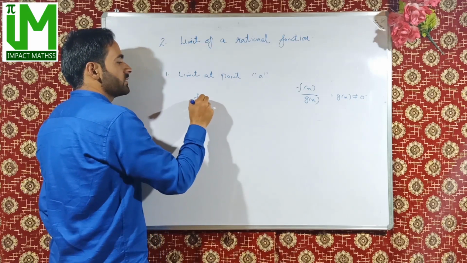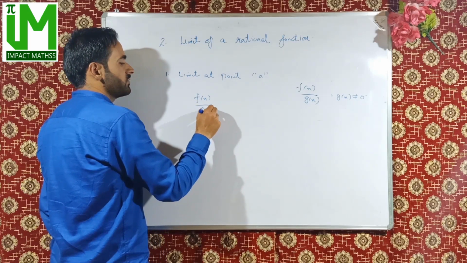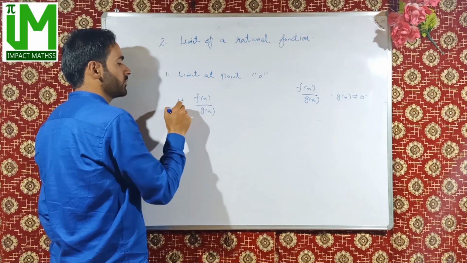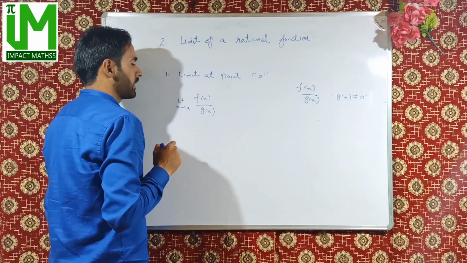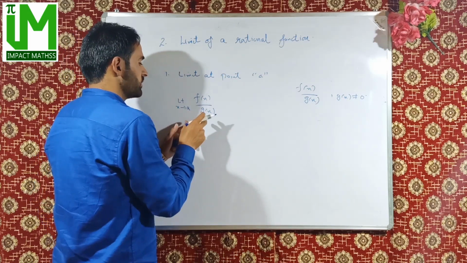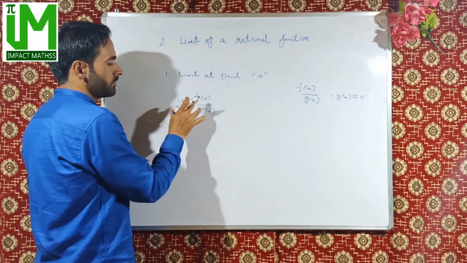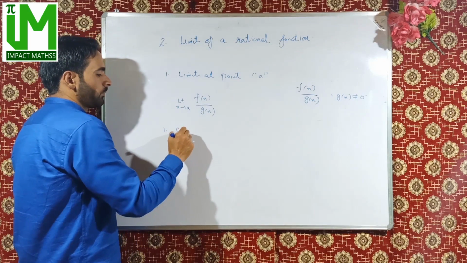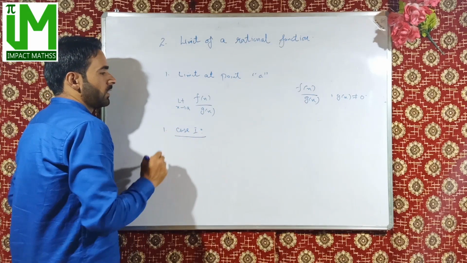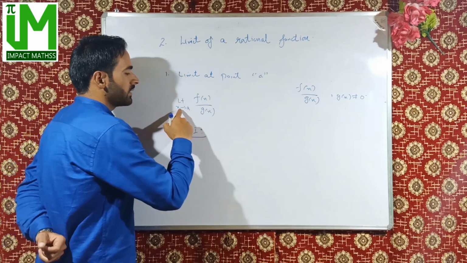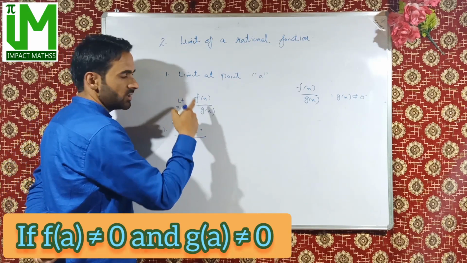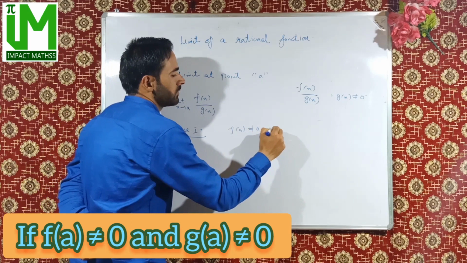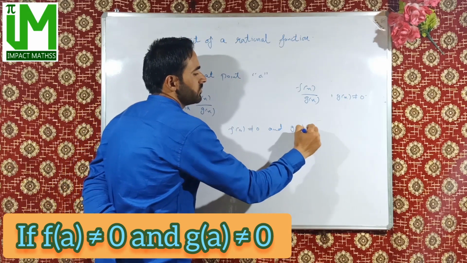Say if f of x divided by g of x is any rational function, and we have to find the limit of this rational function at a particular point, limit x tends to a. Then we have three different cases here. While computing limit of this function, we have three different cases here. Case first, so if at x is equal to a, f of a is not equal to 0 and g of a is not equal to 0.